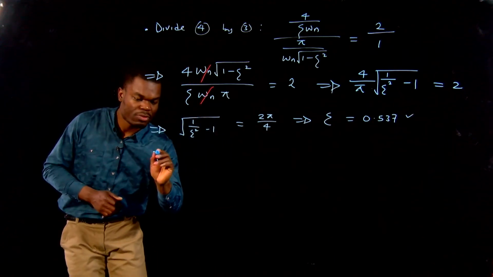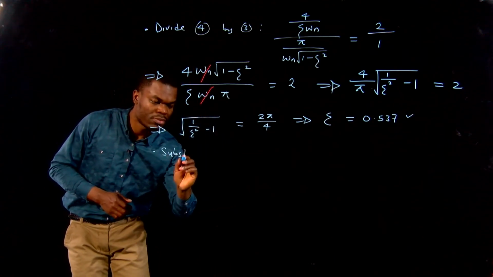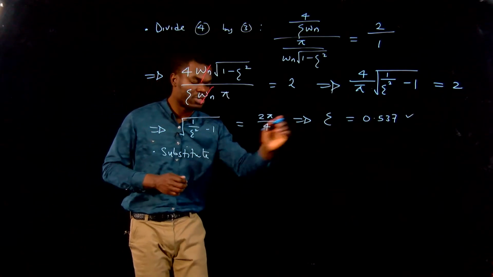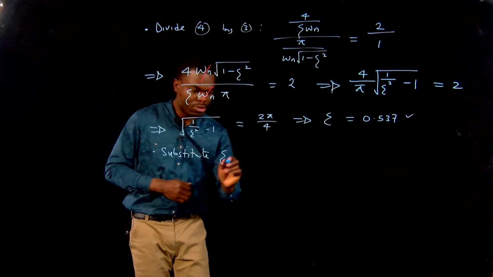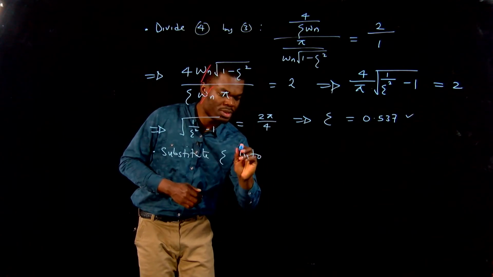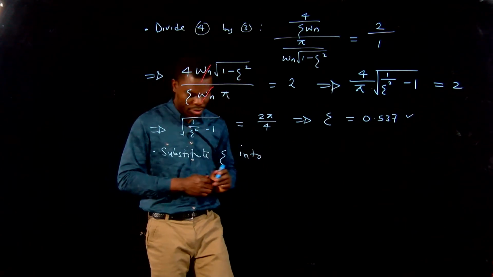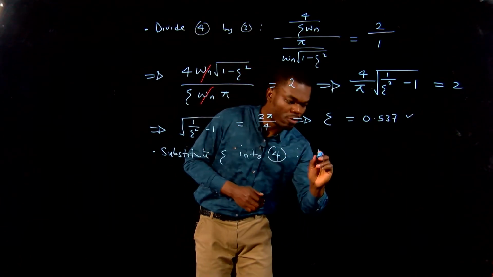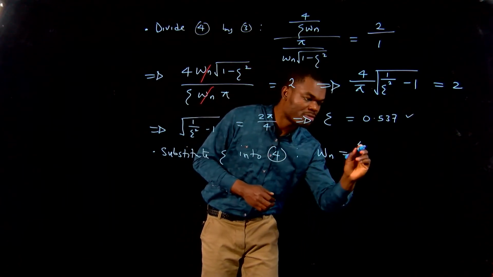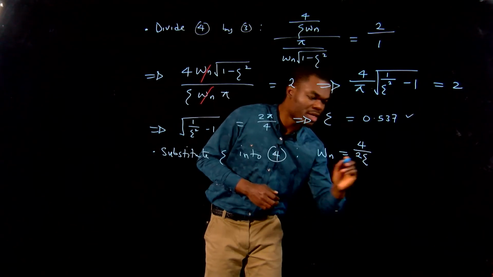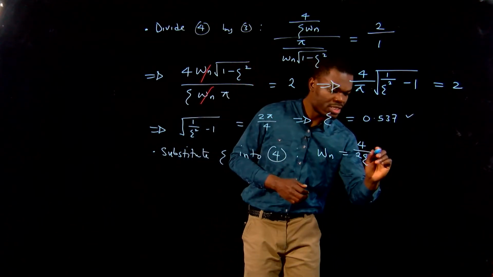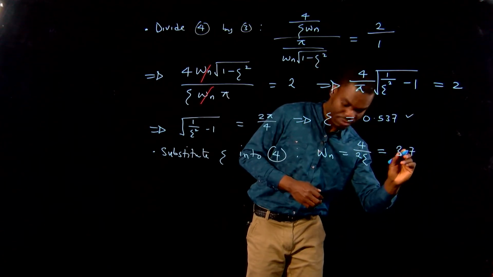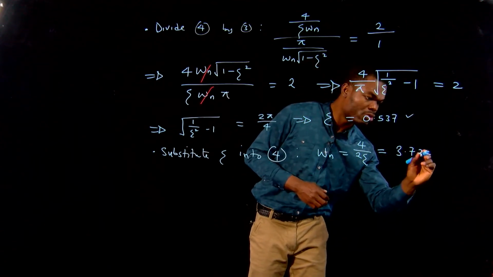And then next, we substitute the value of zeta that we've just calculated into equation 4. If we do that, we should have a value for omega n. So omega n is equal to 4 over 2 zeta. And we know the value for zeta, so omega n should be approximately equal to 3.7224.